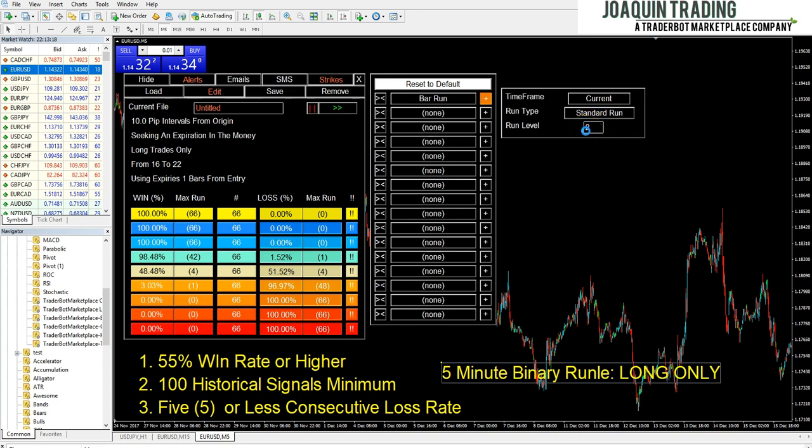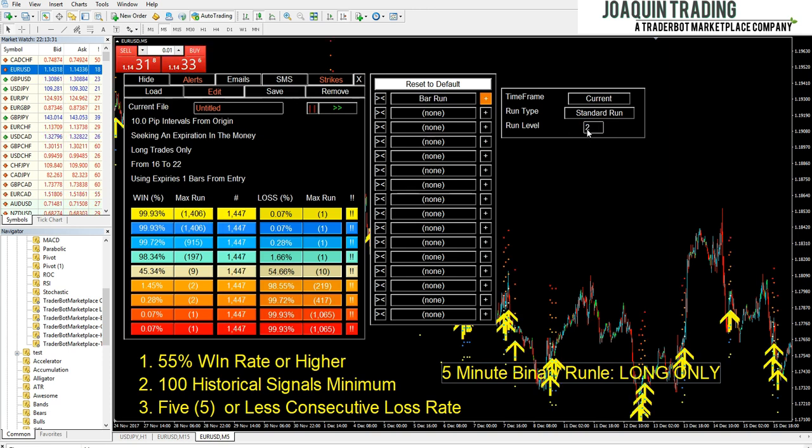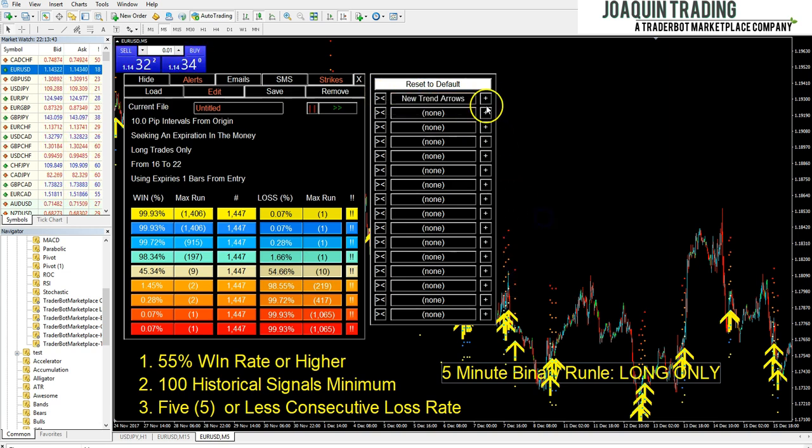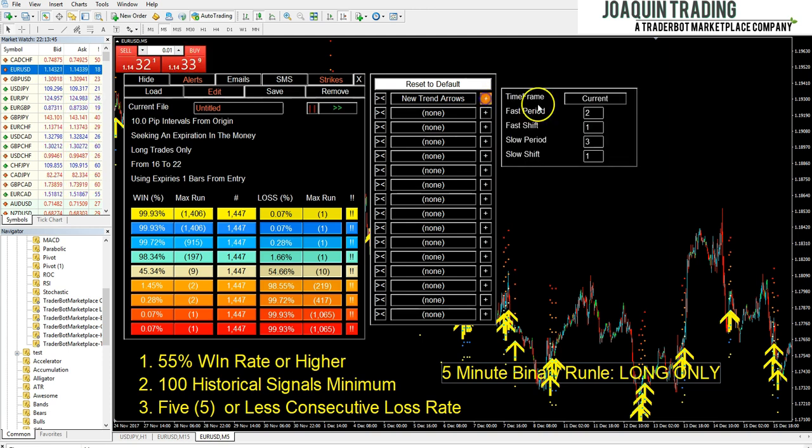I can talk while it's just running because I forgot to limit my bars look back again, so it'll take forever. I've got 1,447. No, that does not work. I'm not going to look at that. I am going to trend arrows at the normal. And I'll use my secret 5 here in a minute.